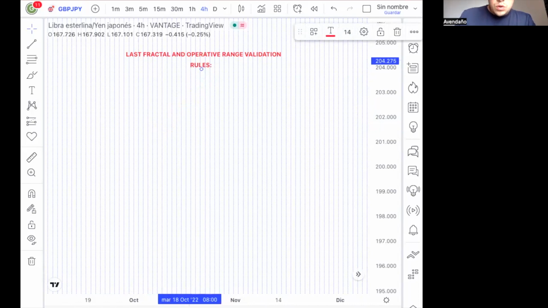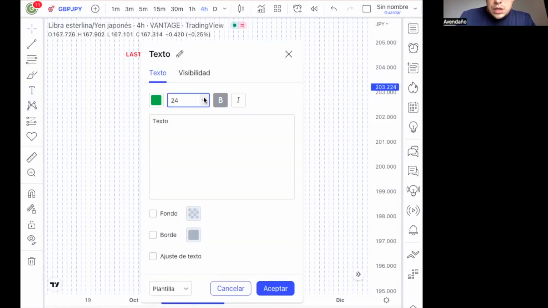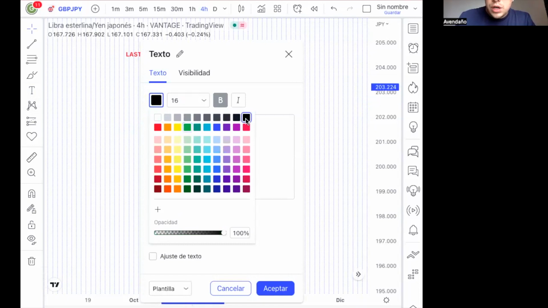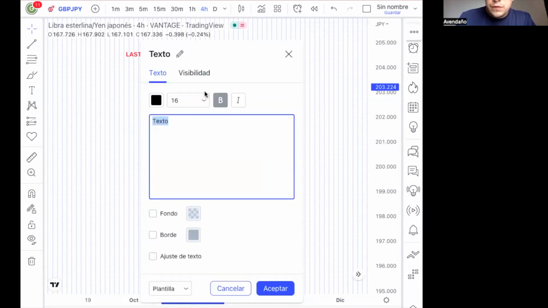So rule number 0, and for me this is the most important structural thing: we need to determine our order flow. I think that if you're here, you already know how to do this, so let's briefly explain it.